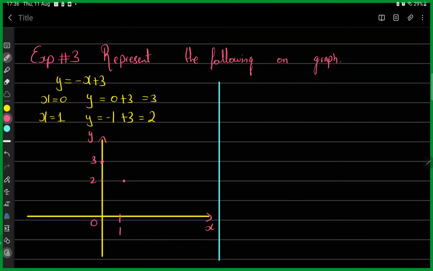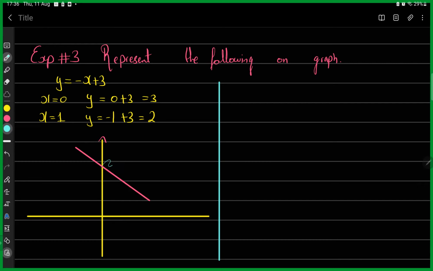Next, I'm supposed to connect these two. Let me connect the 2 points first. So this is going to be the line. I'm making it this way because of my software. You will just connect the two points.